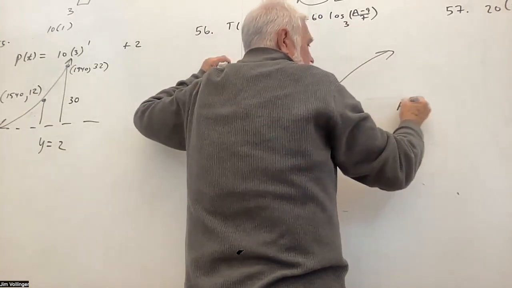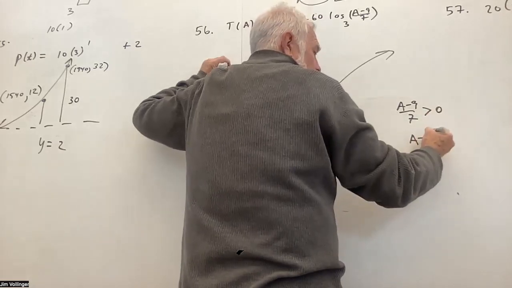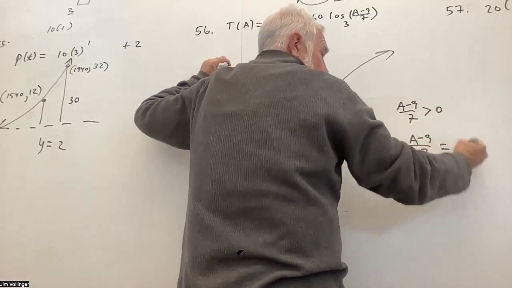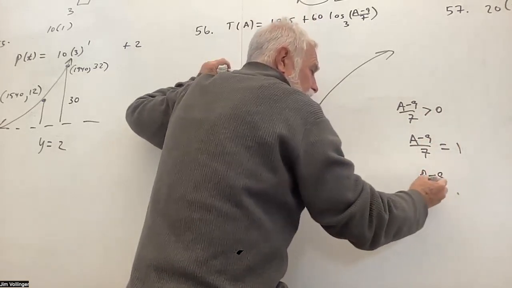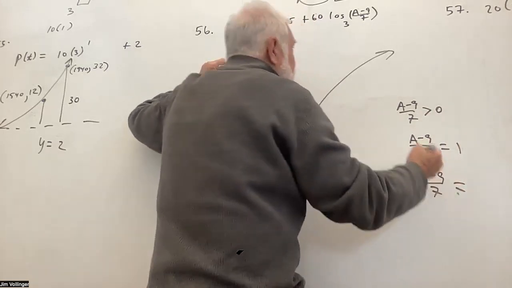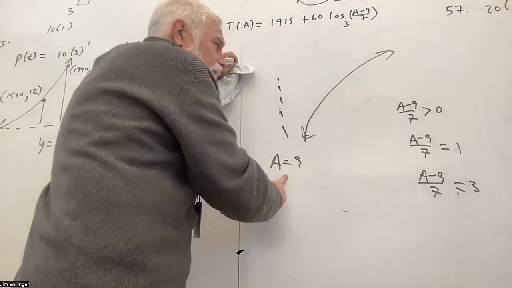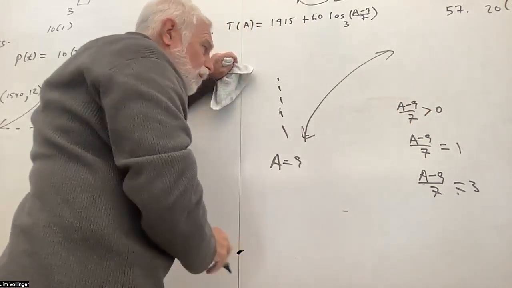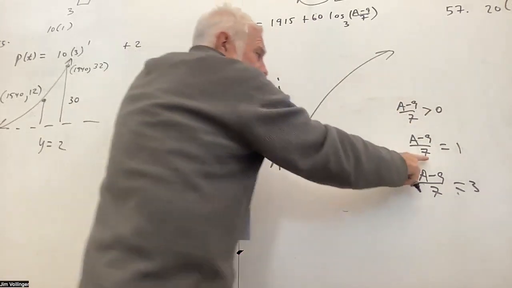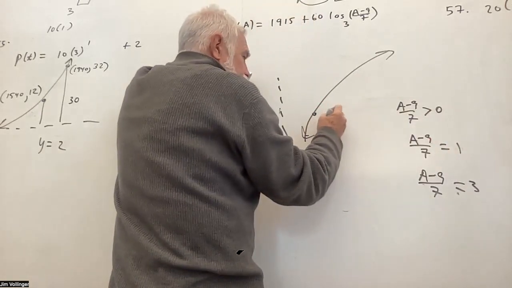I want the parentheses, a minus 9 over 7, to be greater than 0. I want a minus 9 over 7 to equal 1. I want a minus 9 over 7 to equal the base, which in this case is 3. So there's my first friendly number. This is bigger than 9, I'm positive. I've got something to work with. When does this equal 1? 7 times 1 is 7 plus 9 is 16.